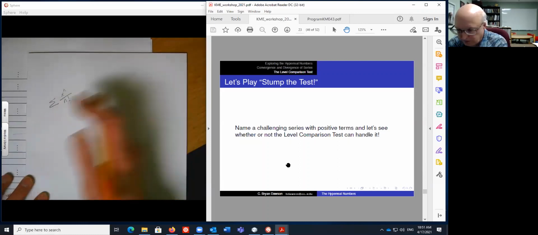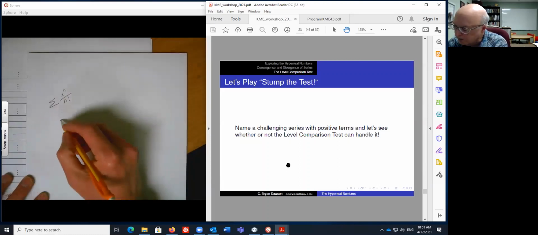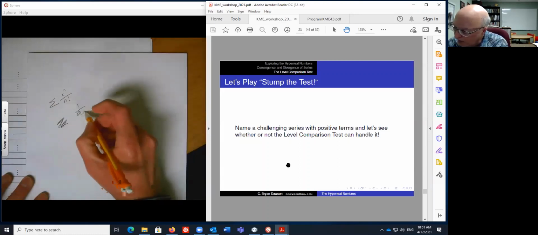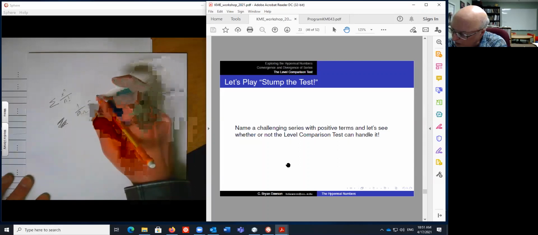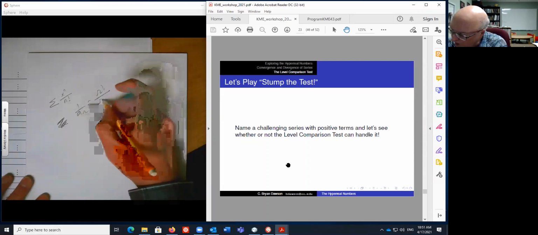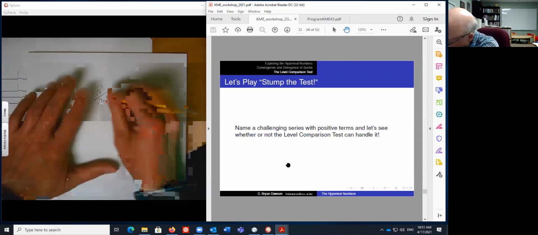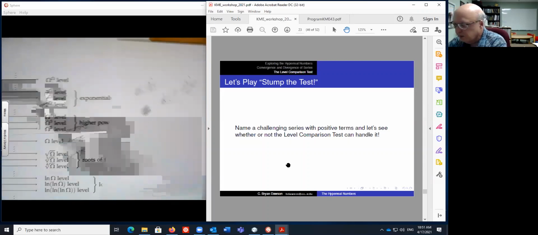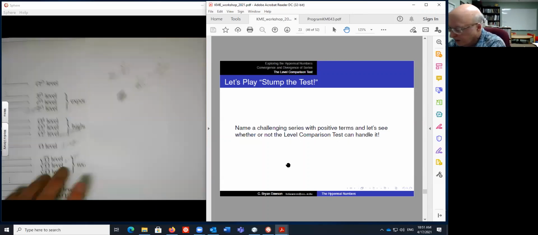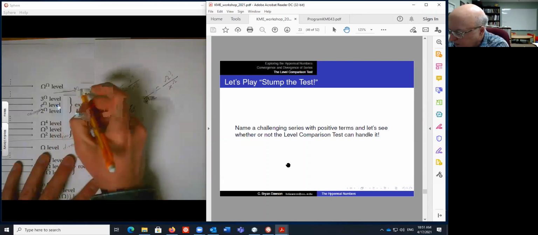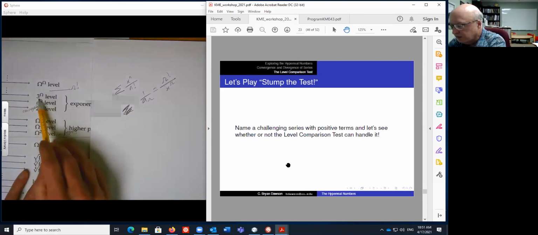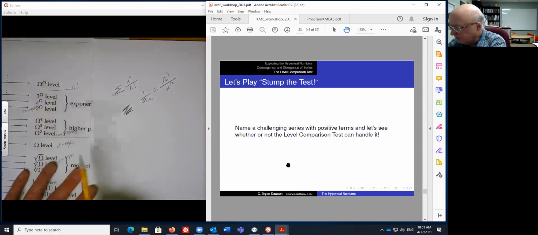For each individual value of x, like you would with the ratio test. So then your 1 over a sub omega would be x to the power omega over omega factorial. But it turns out that your omega factorial is in between these exponential levels and that omega to the omega level.